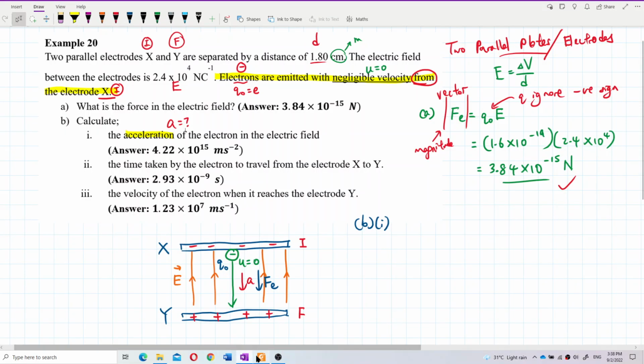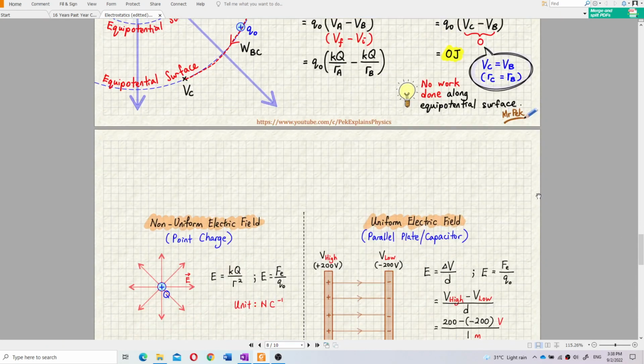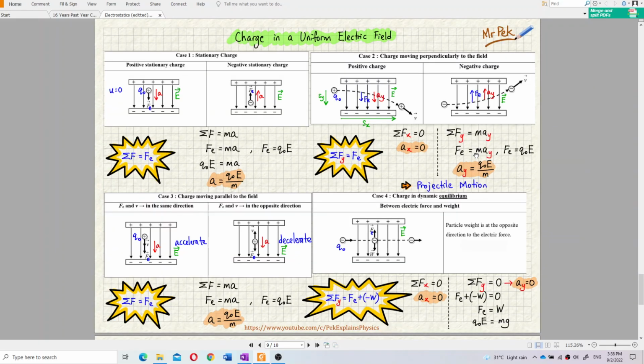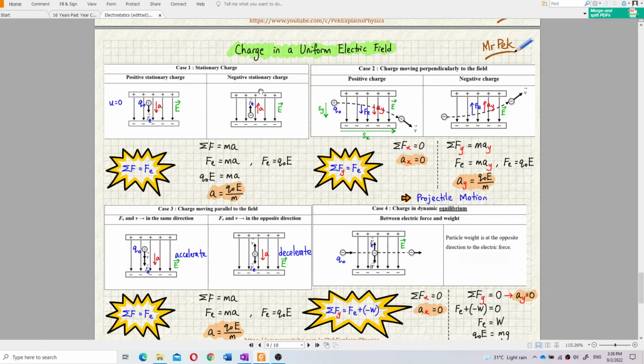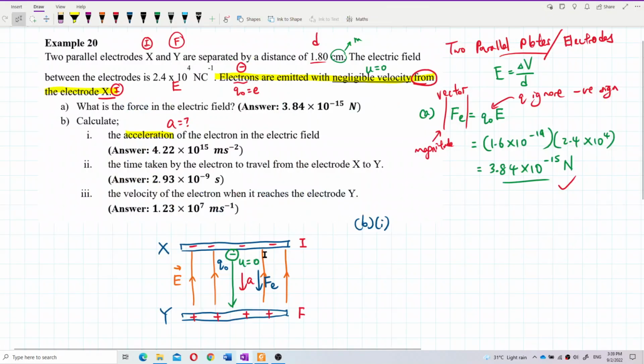I can say it is a stationary charge. It starts from stationary, or you can say a charge moving parallel to the field. Case 1 or case 3. It moved parallel to the field.